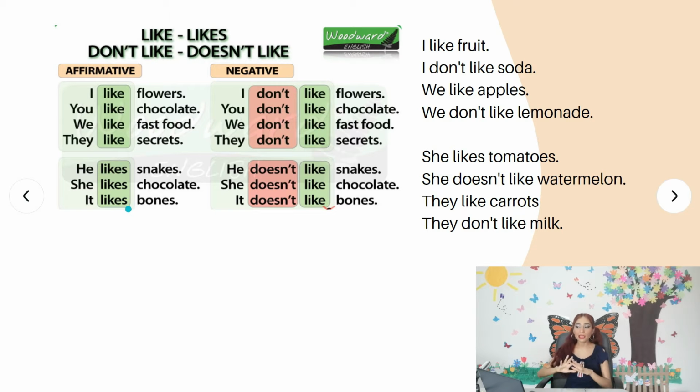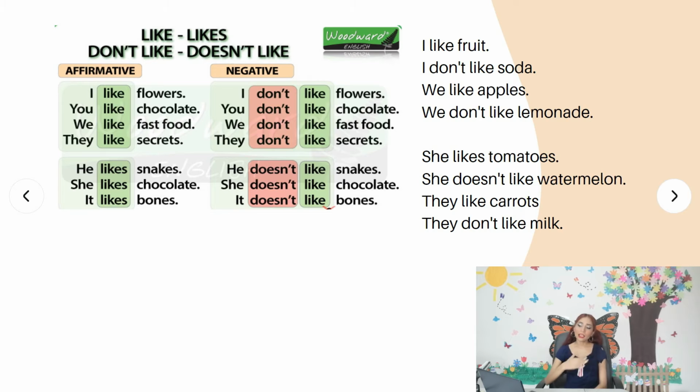Because in this case, we can use any verb, podemos usar cualquier verbo, and we will need to use a verb with S. Pero en este caso solo estamos viendo el verbo like, okay? So, for example, he likes snakes, she likes chocolate, it likes bones, okay?